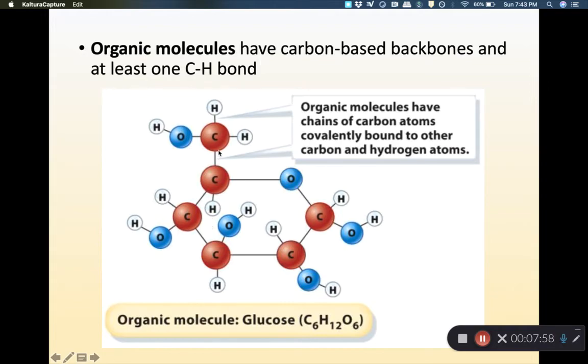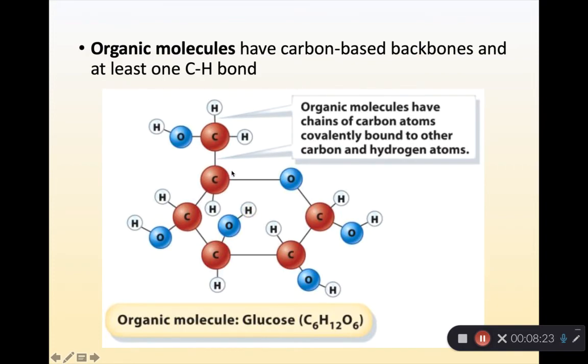But what we're critically trying to understand here is that organic molecules have what are called carbon backbones. You have this structure of interlocking carbon, and then you have at least one carbon-hydrogen bond. In this case, this is glucose, and we have both the carbon backbone and at least one of these carbon-hydrogen bonds, and that's what makes up an organic molecule.